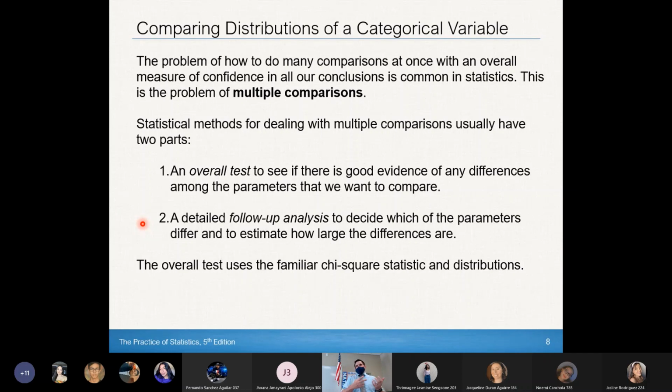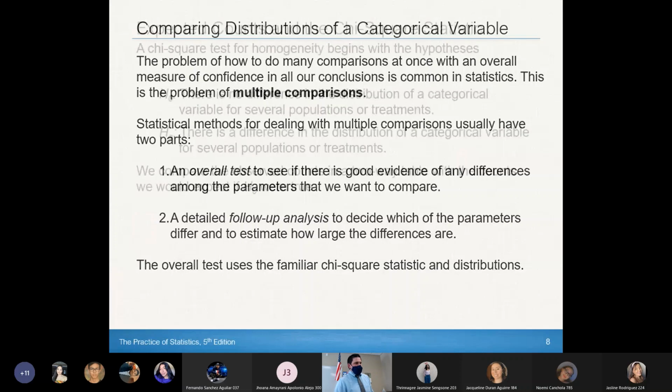It's possible that we could do a bunch of 2-sample z-tests and compare the proportions here and there, but we could find significance in one spot and not another spot, and that can cause problems in making an overall conclusion. So we have this other test.